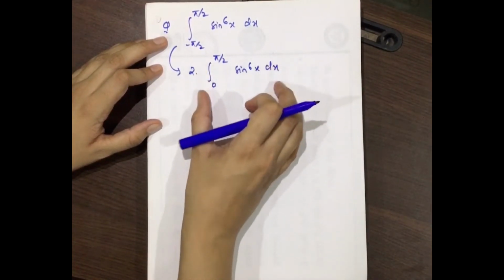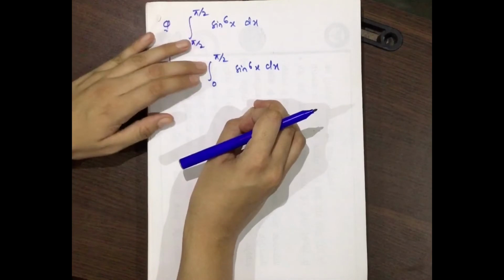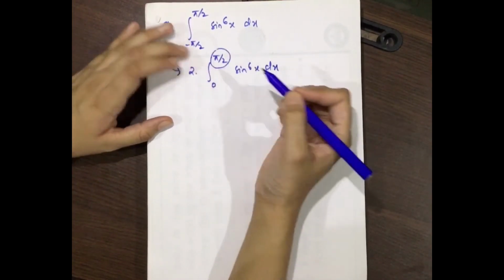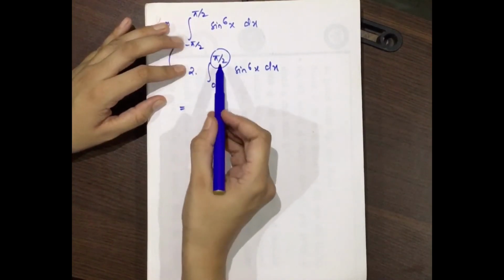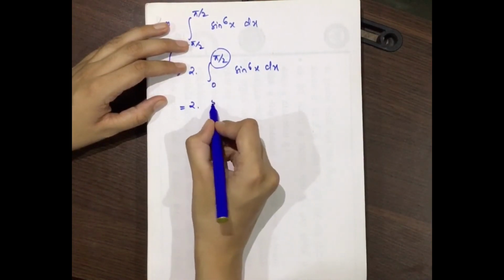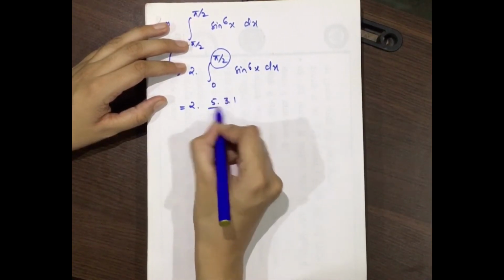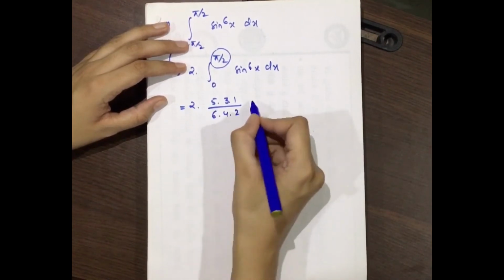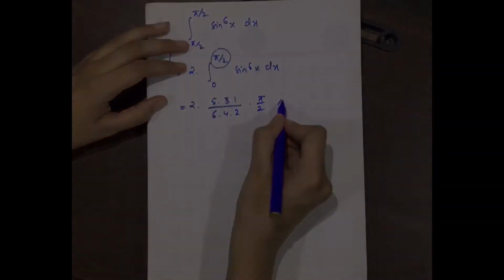Now you are already familiar with this kind of question, that is 0 to pi by 2 sine to the power 6x dx. So it can be directly written as 2 into, we have to write 6 minus 1, that is 5, 3, 1 upon 6, 4, 2, into pi by 2.